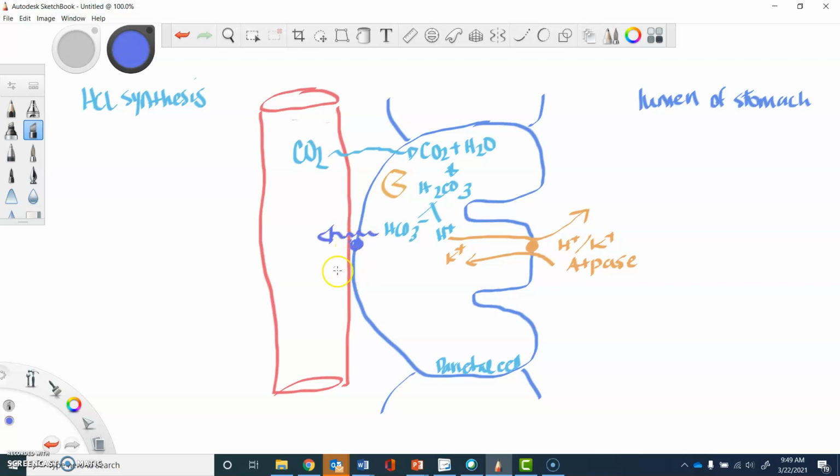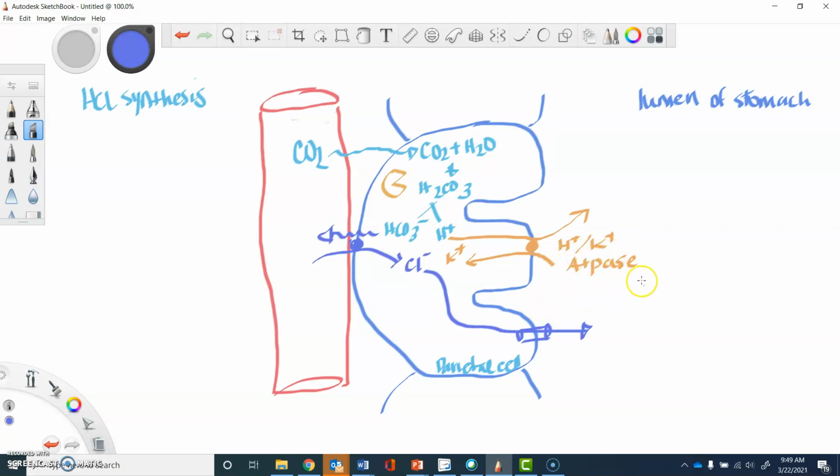And with that, it brings in chloride ions. So we've got a negative ion going out into the blood and a negative ion coming back into the cell. That chloride ion has a channel that will make it flow out into the lumen of the stomach.